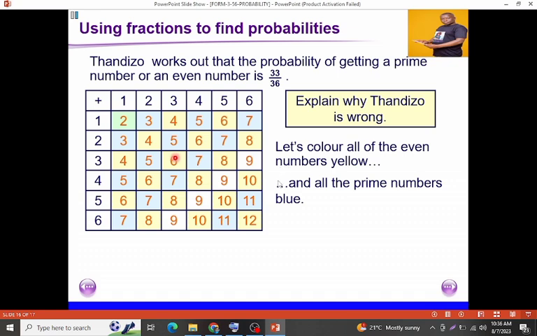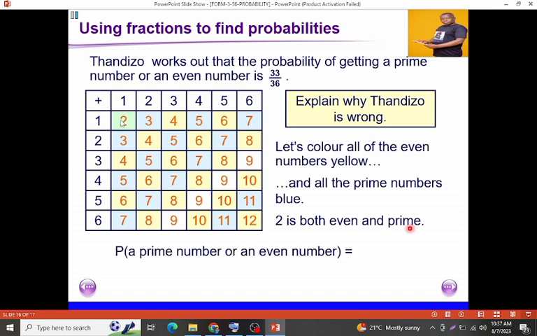Alright, so let us color all the prime numbers. You see here that a 2 is both even and prime. 2 is both even and prime, meaning that it does not have any other factors except itself and 1, and also it is divisible by 2.